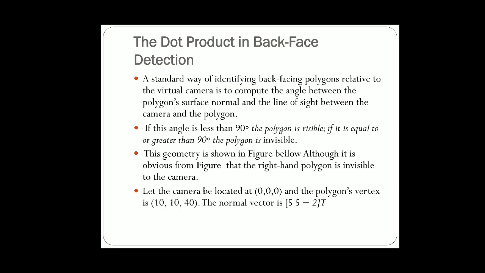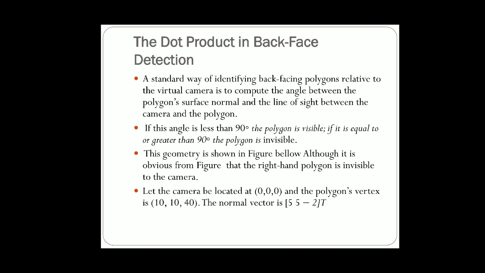Next is the dot product in backface detection. Backface means back end image detection, and let us see how it can be performed. A standard way of identifying backface polygons relative to the virtual camera is to compute the angle between the polygon surface normal and the line of sight between the camera and the polygon.